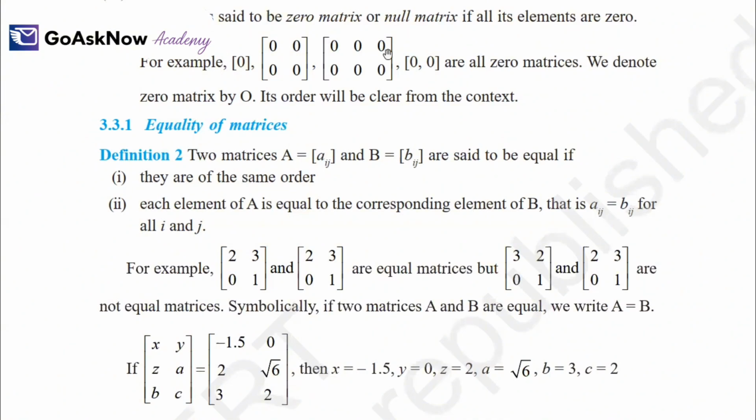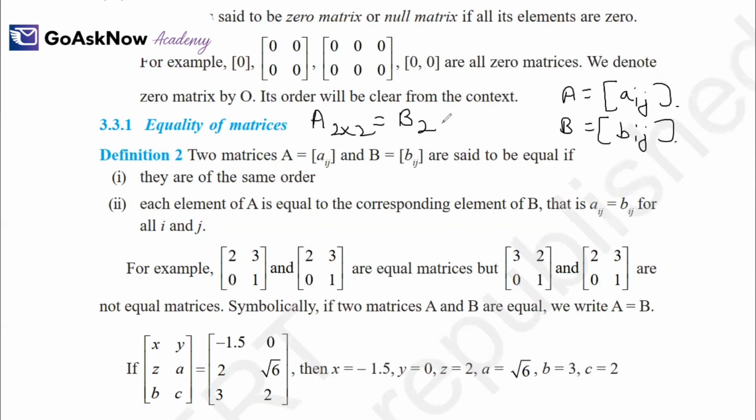Let me elaborate. The matrix A has elements in the form of Aij, and B is another matrix which has elements in the form of Bij. They are equal if the order of A is the same as B. It means that if A has 2 cross 2 order, then B also has 2 cross 2 order.